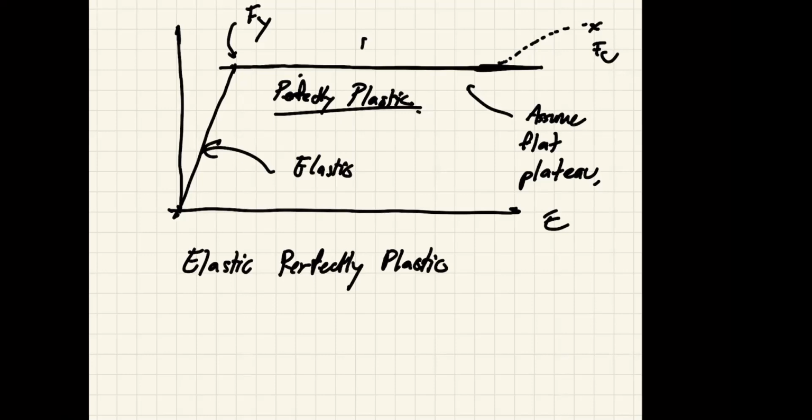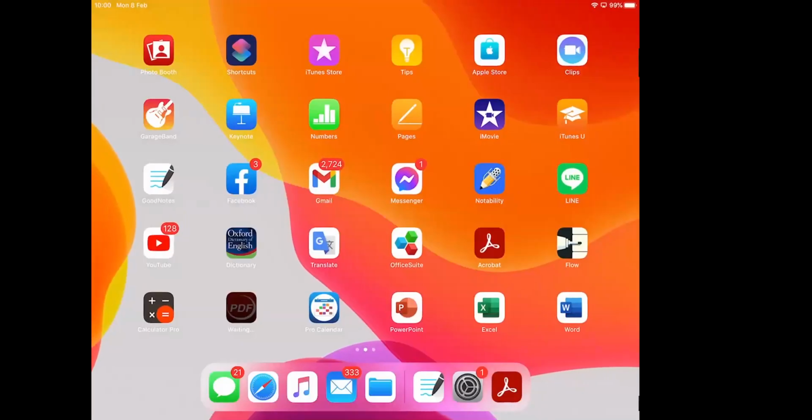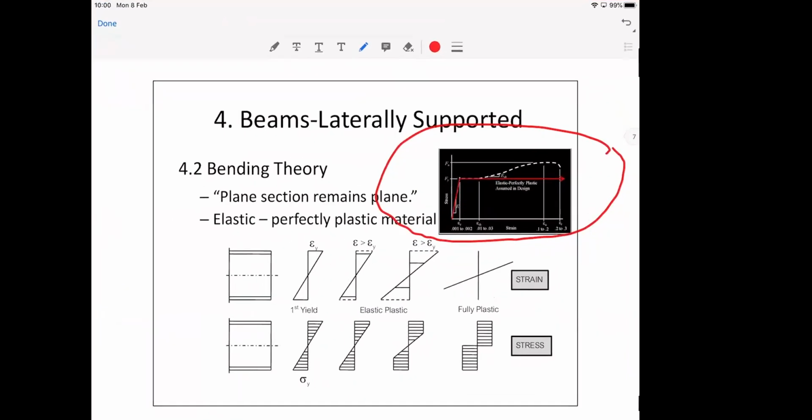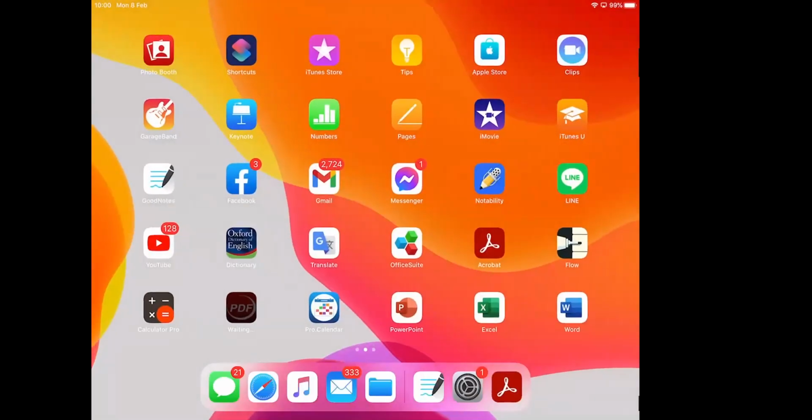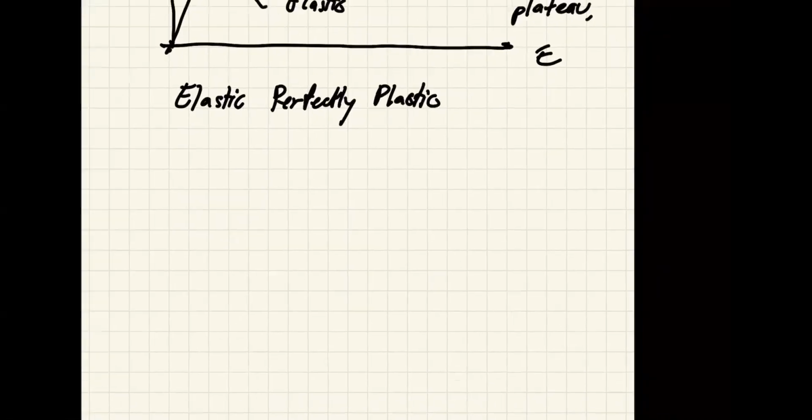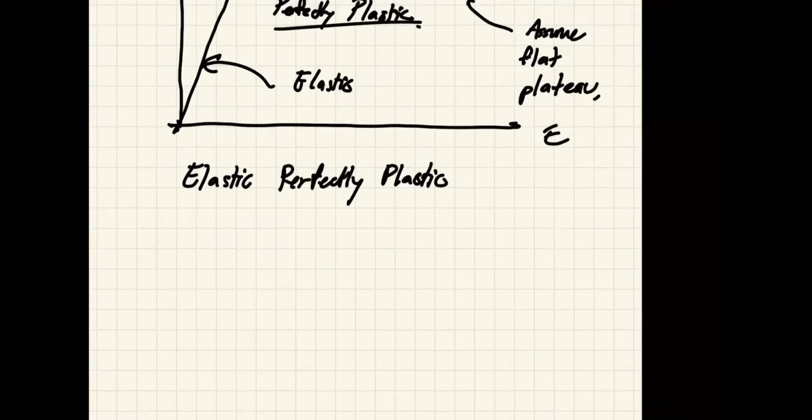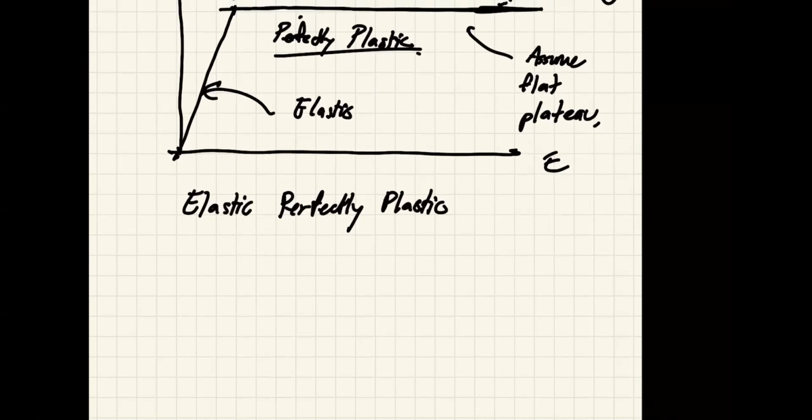Okay, so you may look at this picture. Here, this is what is going to happen to your beam. I'm just going to redraw it so that you may see the picture better. Let's say this is your stress-strain relationship on top, and I have the side view of the beam here.